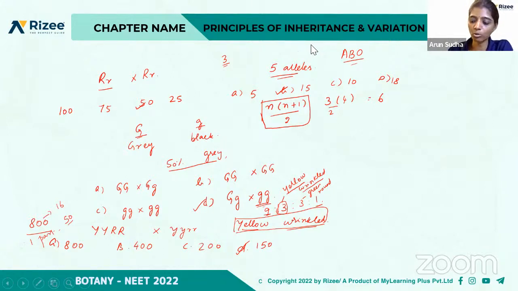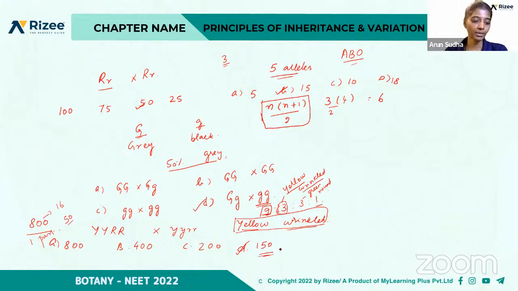Okay. So you be clear with this ratio. So in the case of dihybrid cross, this will be the dominant character, that is yellow round, and this is yellow wrinkle, and this is green round, and this is green wrinkle. So we have to find out for this 3. So the value will be 150. Okay.